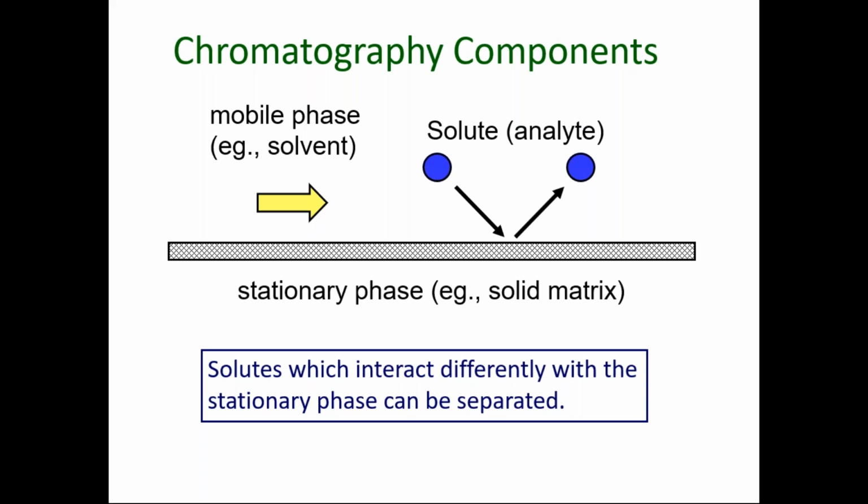And the third is the analytes which you want to separate, which are called the solute. So you have the mobile phase, the stationary phase, and the analytes in question. These analytes interact differentially with the stationary phase, as a result of which they can be separated.